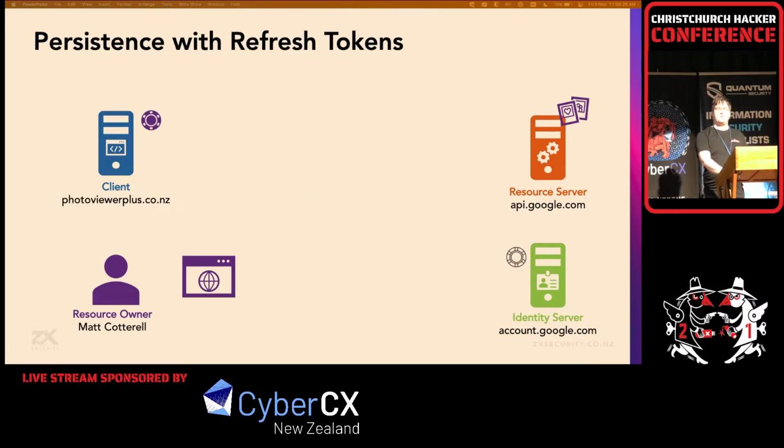What they can do at the same time, assuming the user allows this, is also request a refresh token at the same time. Now this one is not usually a JWT, it's usually just a random value that's looked up in a database, so that way it can be a lot more easily revoked. But what we can do with this refresh token is whenever the JWT expires, which should only last about an hour or so, the client offline on a back channel can just use that refresh token to get a fresh new JWT.